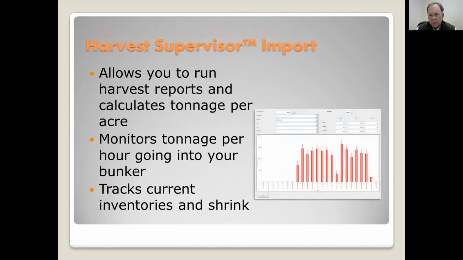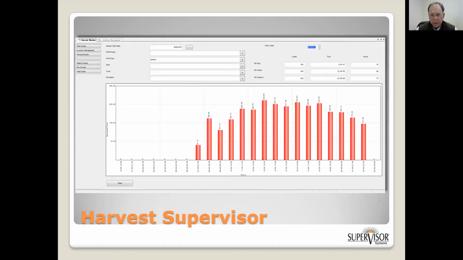Within Harvest Supervisor, we're also able to monitor how many ton of feed is coming across the truck scale going into a bunker in a given hour. So I'm going to show you that here in a little more enlarged screen so that you can see ton per hour through the day.